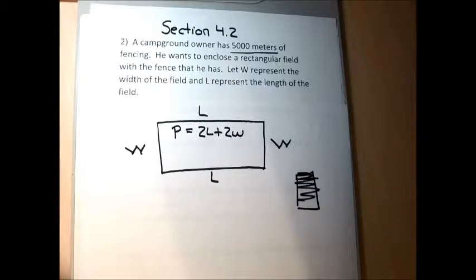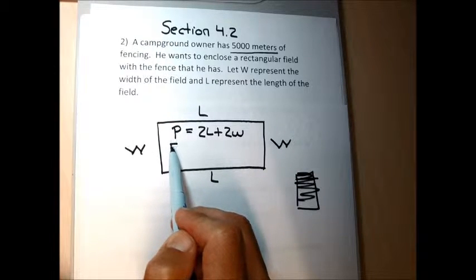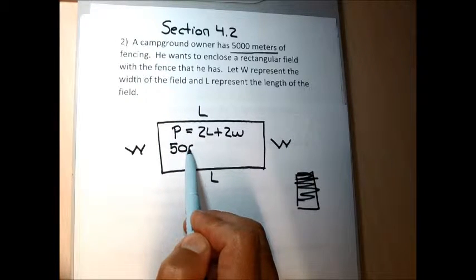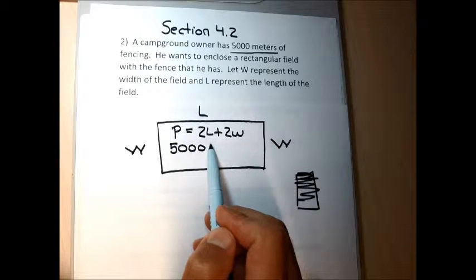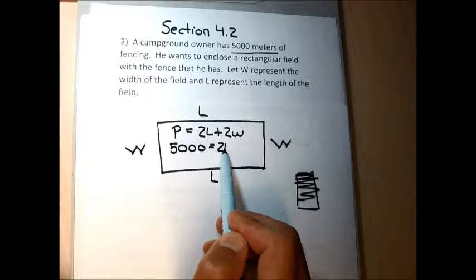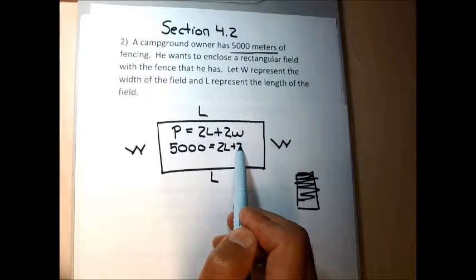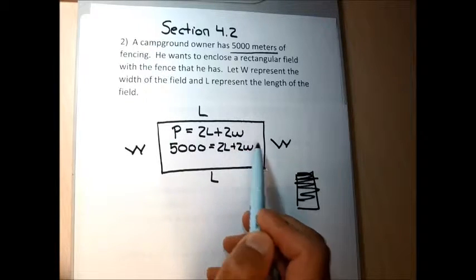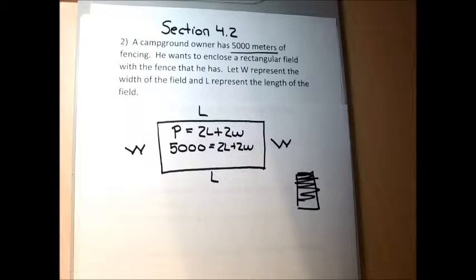And specific to this problem, my perimeter is going to be 5,000 meters. I'm going to hold off on plugging the meters into my work, because it's just going to make the work too messy.